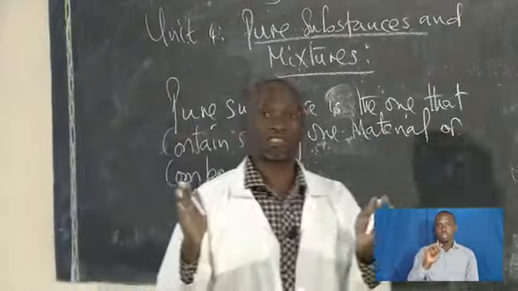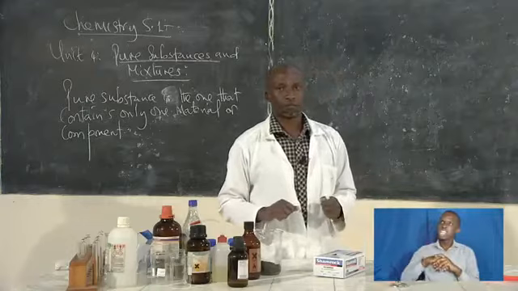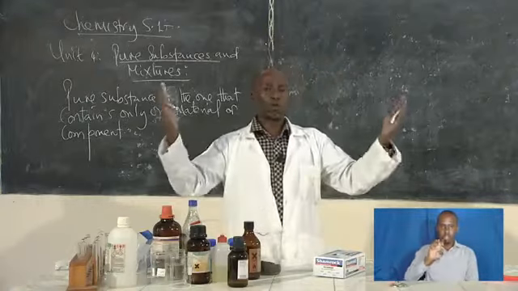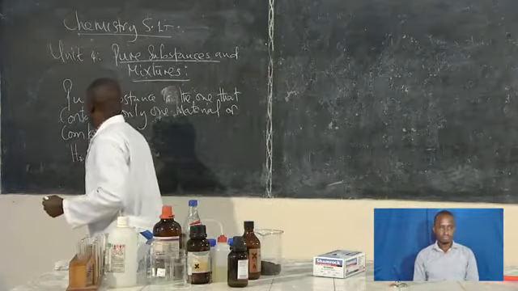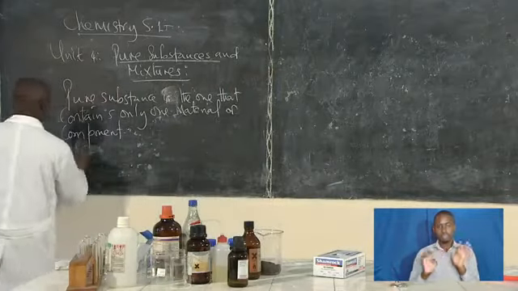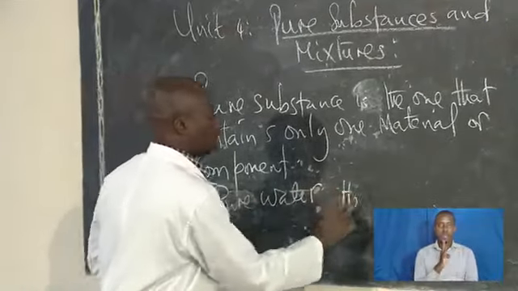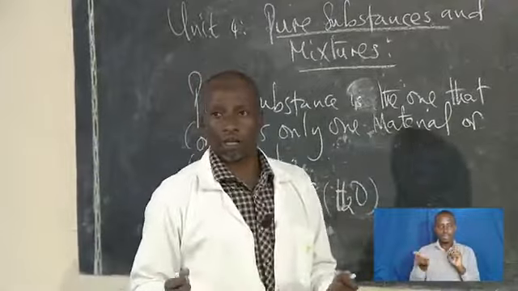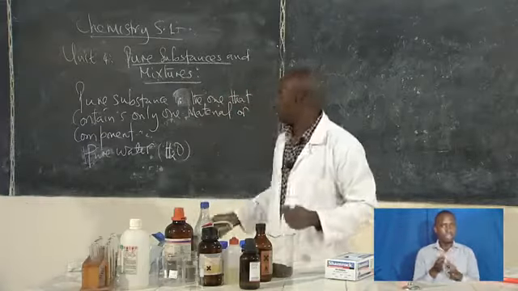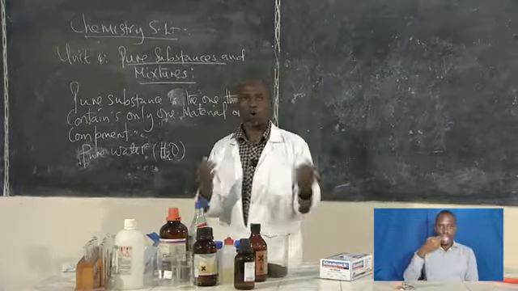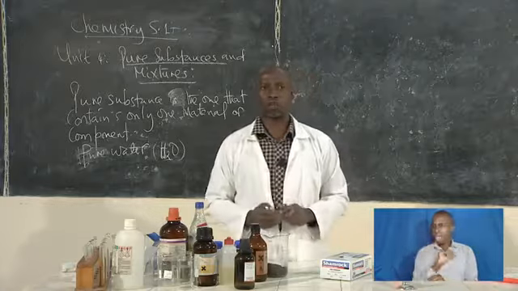Pure substances are hard to get in nature. As an example, when we talk about pure water, it is very difficult to get pure water. But when we talk about pure water, that means it contains only hydrogen and oxygen, and there is no other substance mixed with it.